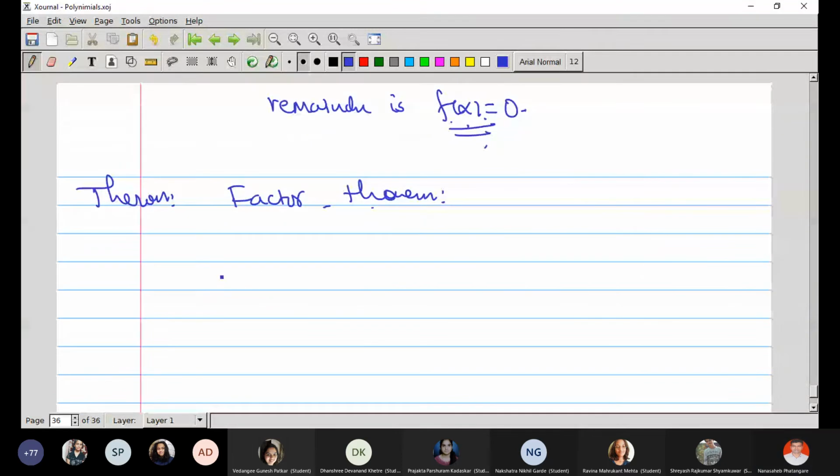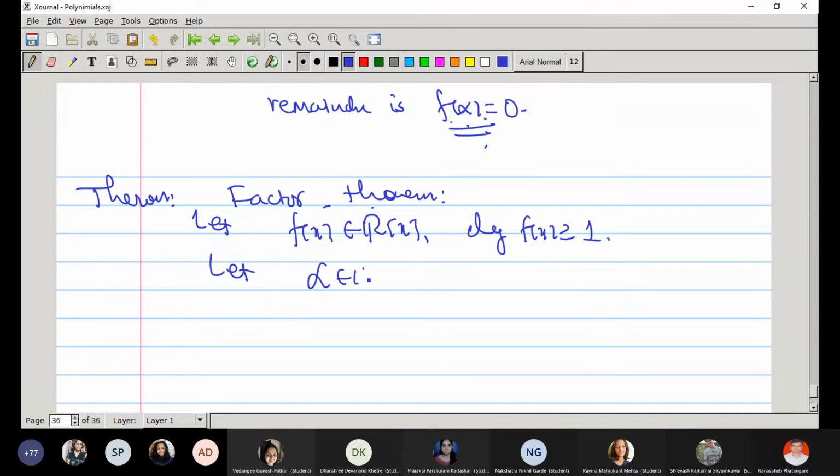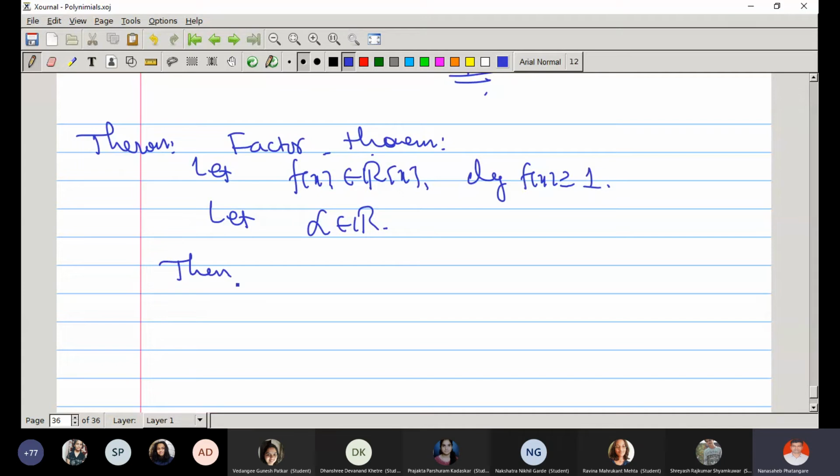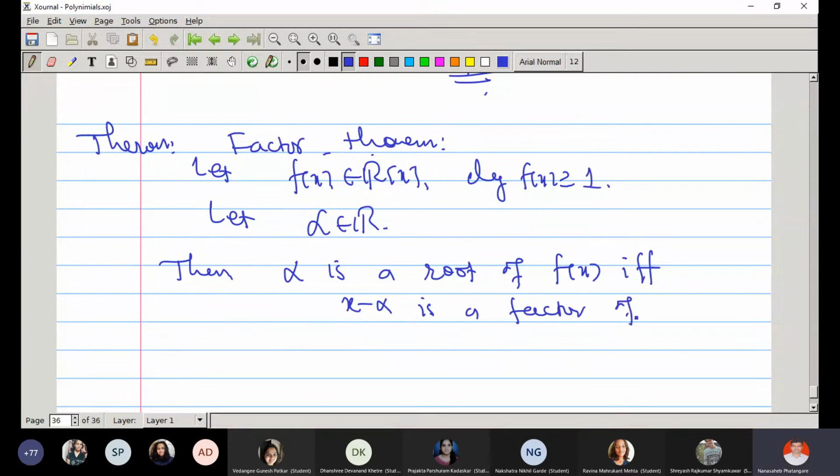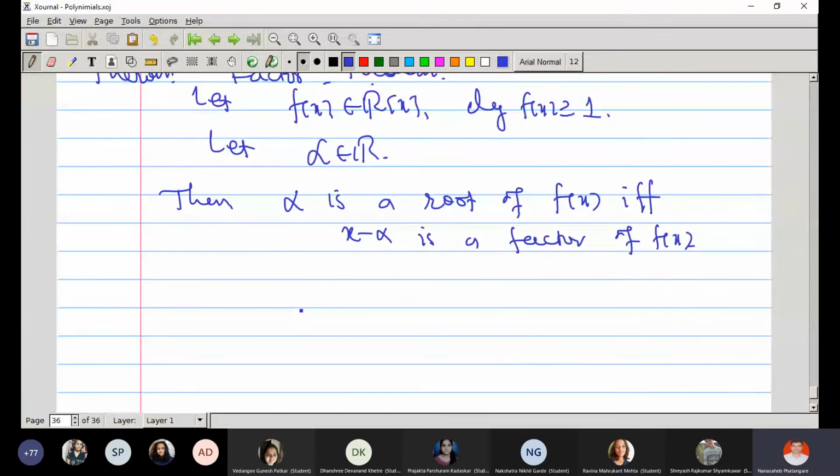Let f of x belong to R[x] with degree of f of x greater than or equal to 1, and let alpha be a real number. Then alpha is a root of f of x if and only if x minus alpha is a factor of f of x.